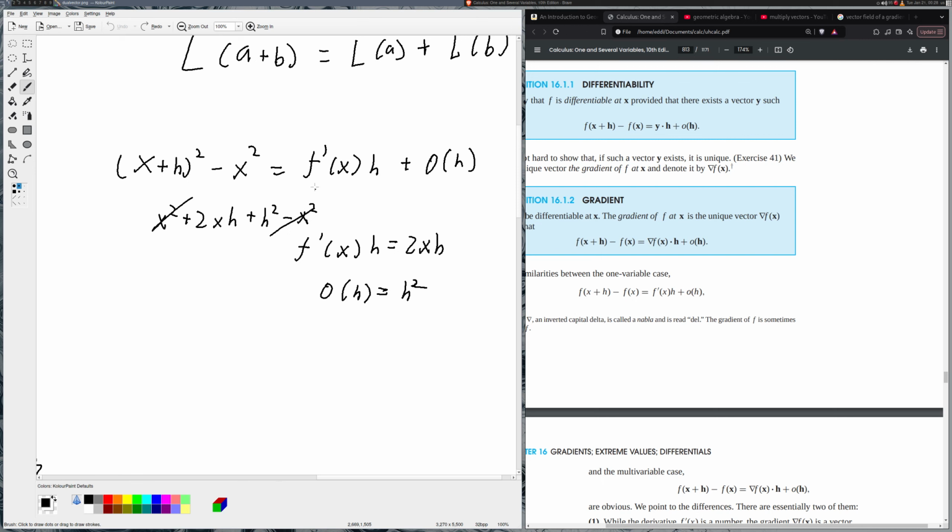Instead, we can recognize that this part fits the description of the linear transformation, and this part doesn't, so it must be part of the linear transformation. In one dimension, a linear transformation is just multiplying by a scalar. In this case, 2x is the scalar at any x. So f prime of x is just 2x.